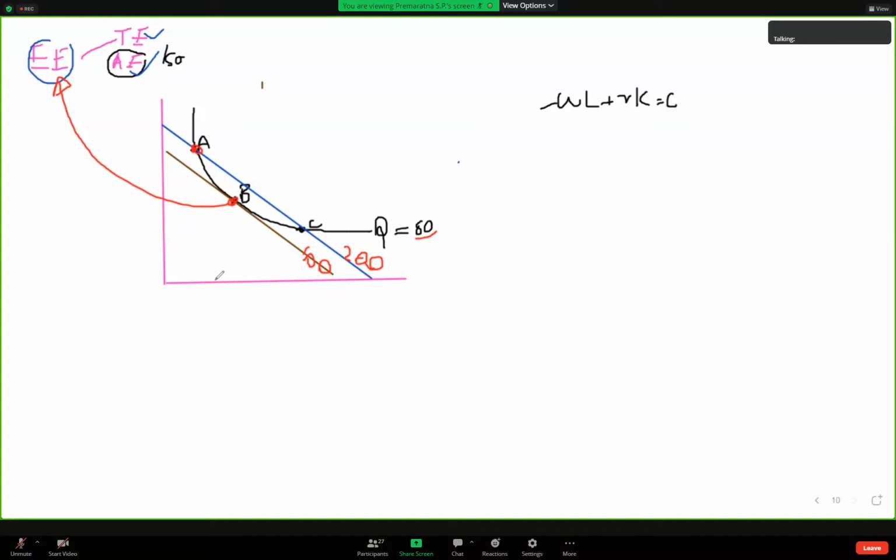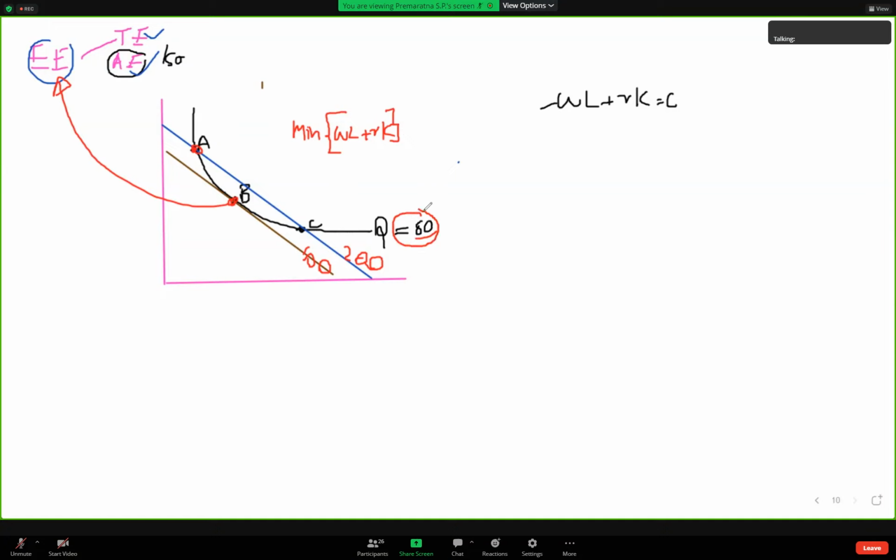So what strategy do producers use here? The strategy producers use is to minimize cost, cost minimization given an amount of output.